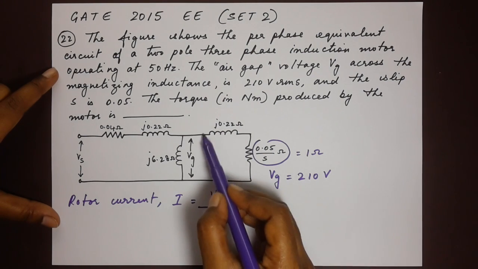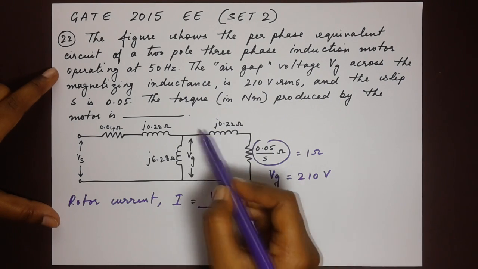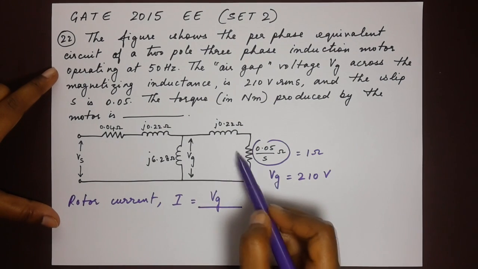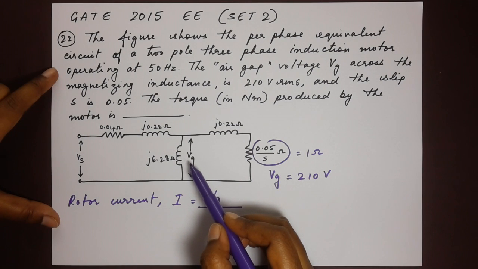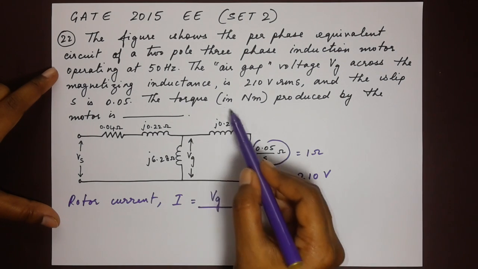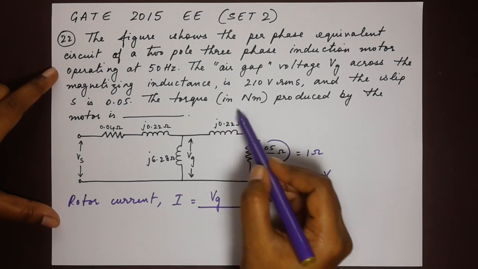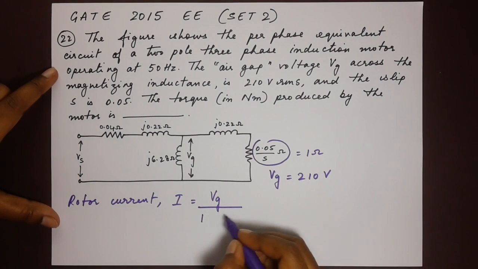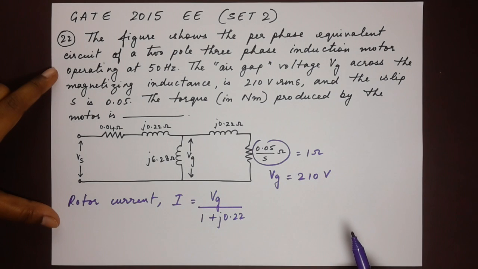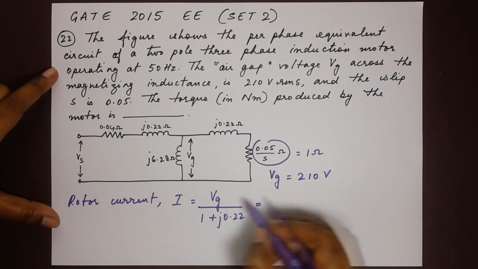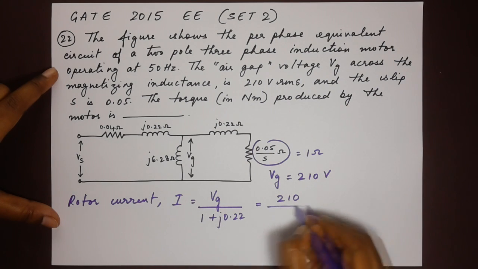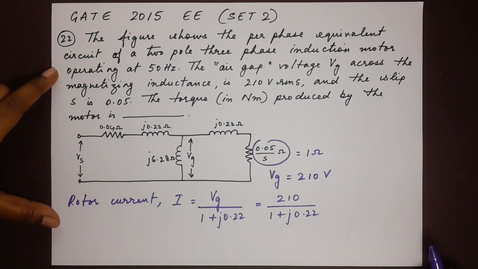We need to take this into consideration because the rotor current is through this branch here. So it is Vg divided by the equivalent resistance here, 1 plus j0.22. Make sense? I hope so. So here Vg is 210 divided by 1 plus j0.22.